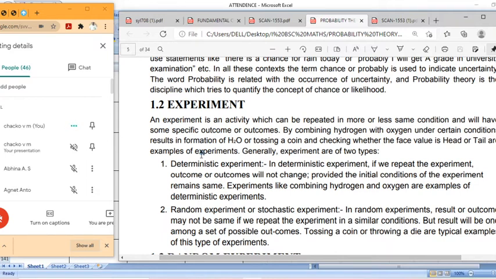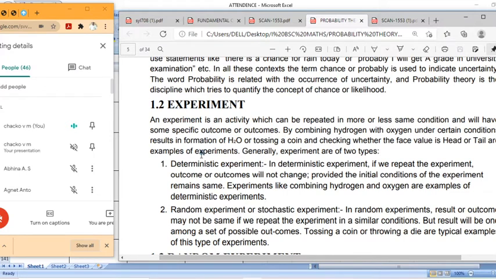Okay, so what is the specialty of a random experiment? It has two or more outcomes, it can be repeated under similar conditions, and the outcomes are known in advance. Three points. One, it will have more than one outcome. Two, it can be repeated under similar conditions. Three, the possible outcomes are known in advance.